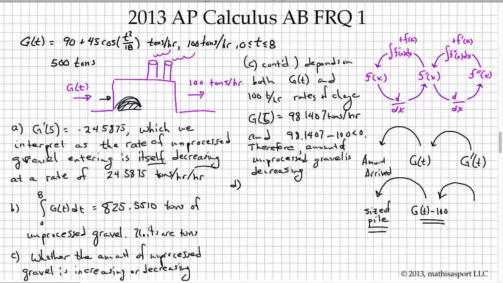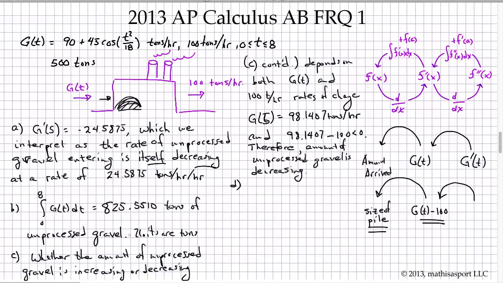Okay? And since the derivative is g of t minus 100, we're looking for places where g of t minus 100 equals 0. We also need to check the endpoints, and we would need to check where the derivative doesn't exist, but g of t minus 100 exists everywhere.